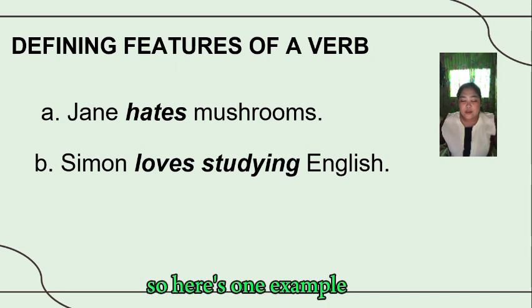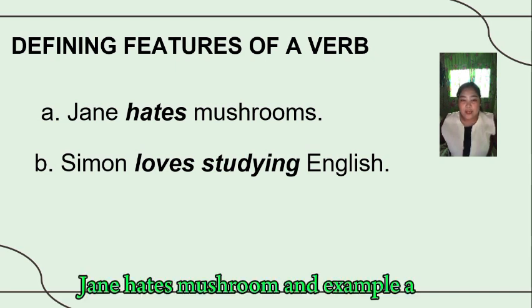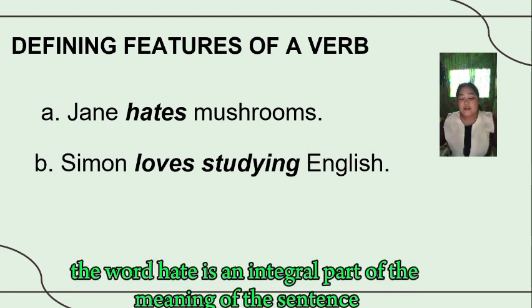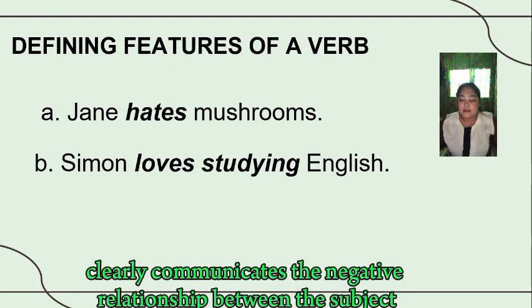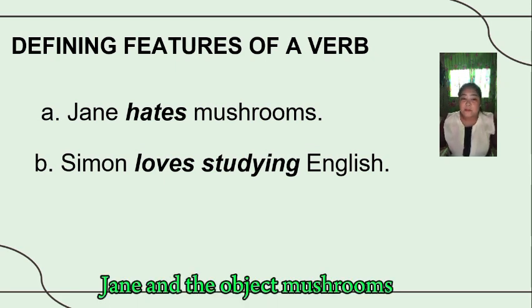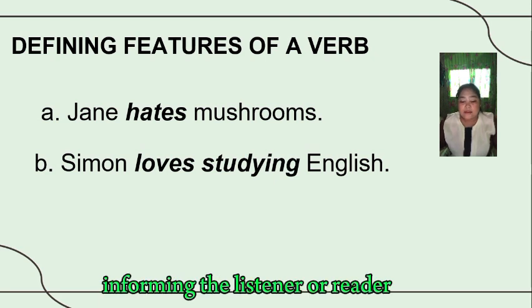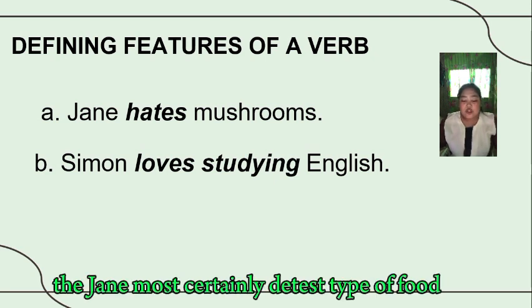So here's one example. Jane hates mushrooms. In example A, the word hates is an integral part of the meaning of the sentence. This verb clearly communicates the negative relationship between the subject Jane and the object mushrooms, informing the listener or reader that Jane most certainly detests this type of food.